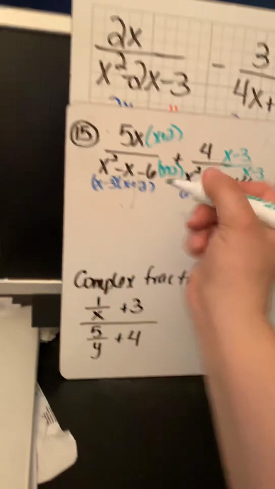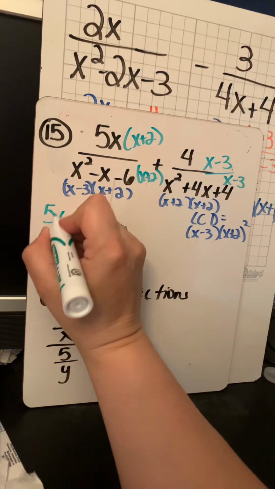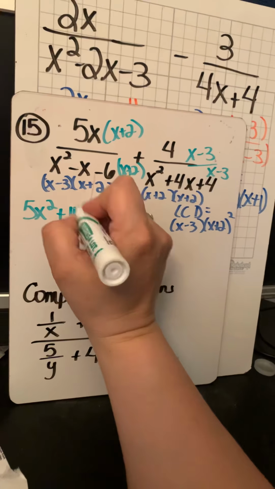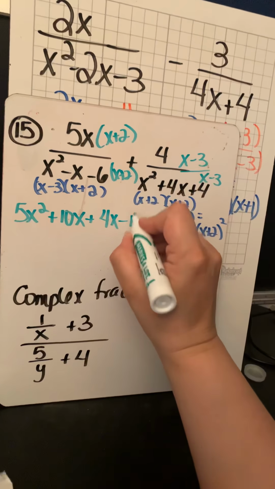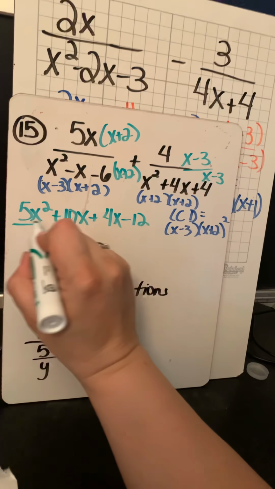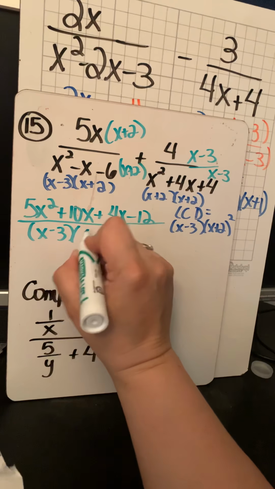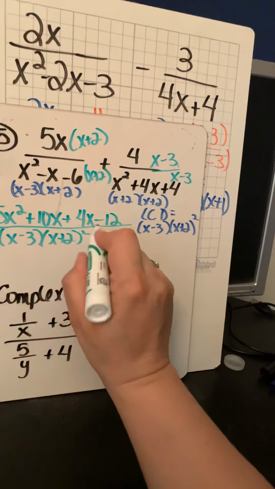So let's distribute. So we've got 5x squared plus 10x plus 4x minus 12 all over our LCD. X minus 3, x plus 2, and I'm going to write it as x plus 2 squared. Simplify it.